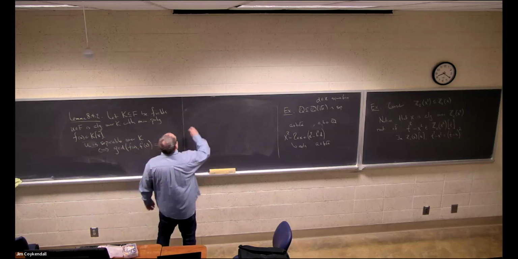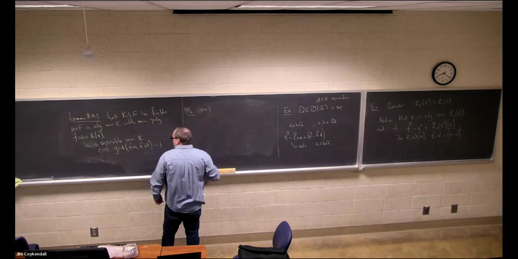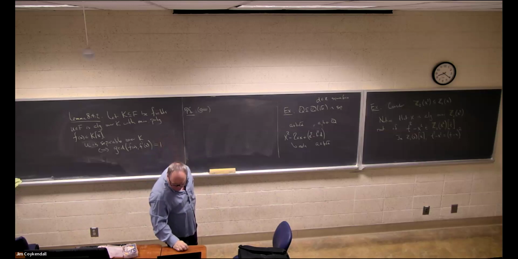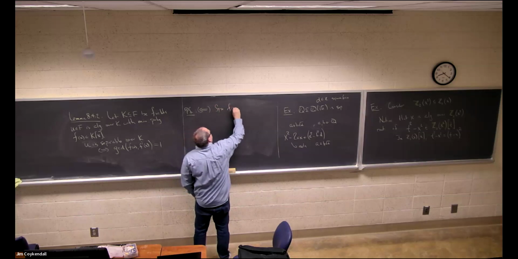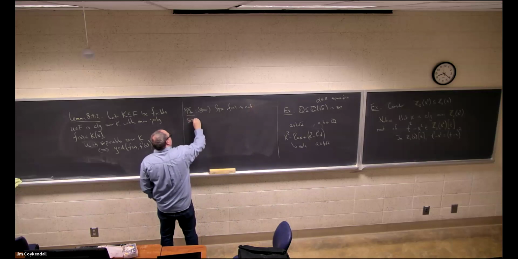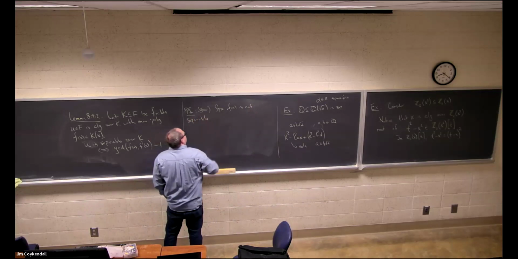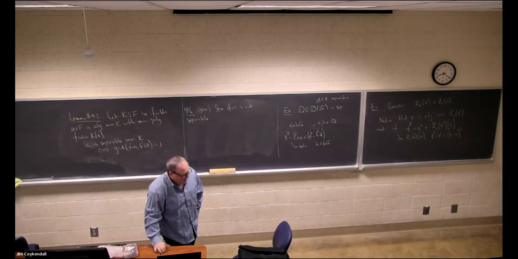Proof. Let's assume that f of x is not separable. That is, if we suppose that U is not separable, that means its polynomial is not separable.